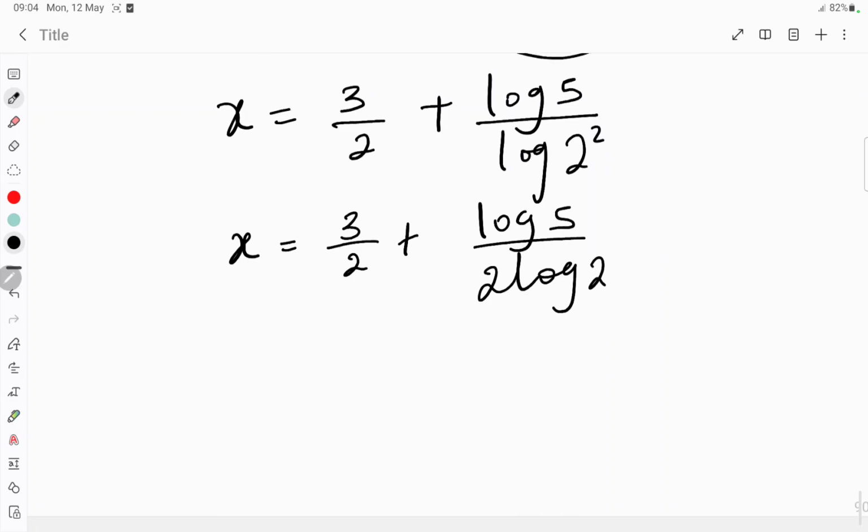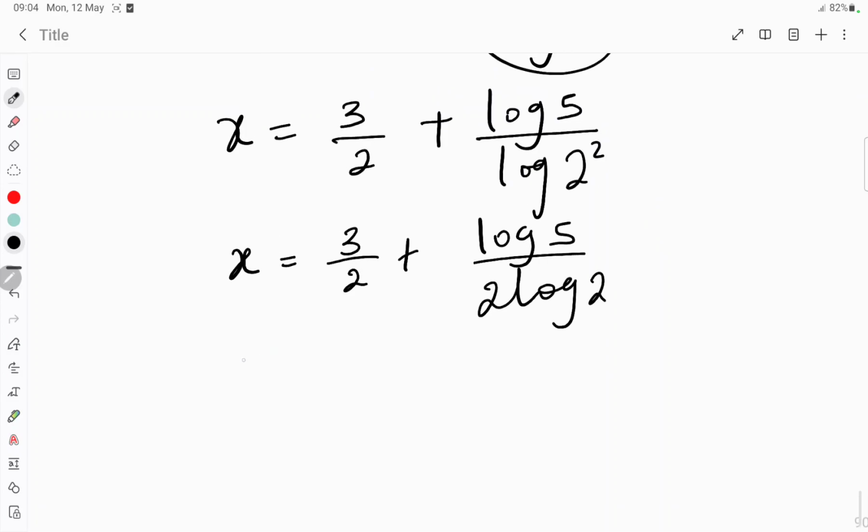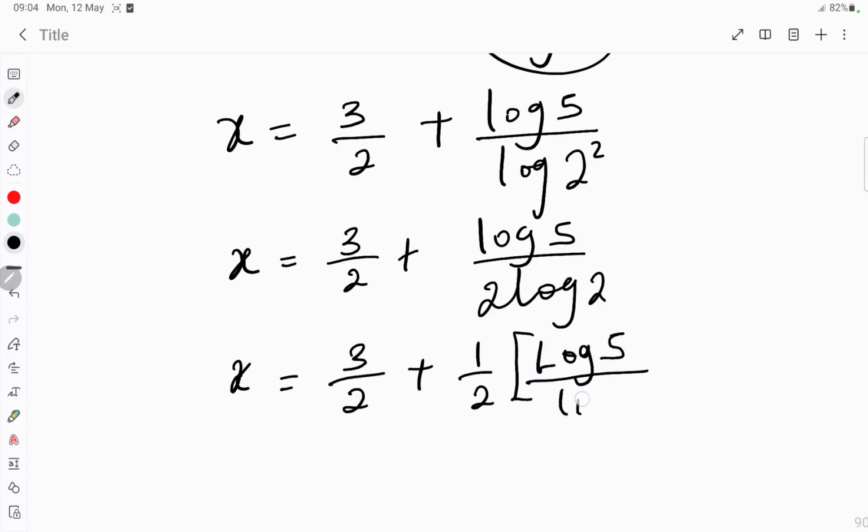Okay, and this we can now write as x is equal to 3 over 2 plus 1 over 2 into log 5 over log 2. Okay, I just factored out the half there.